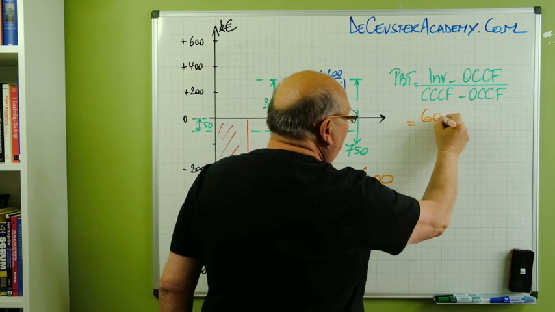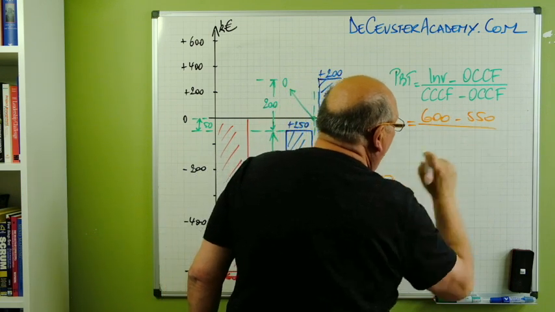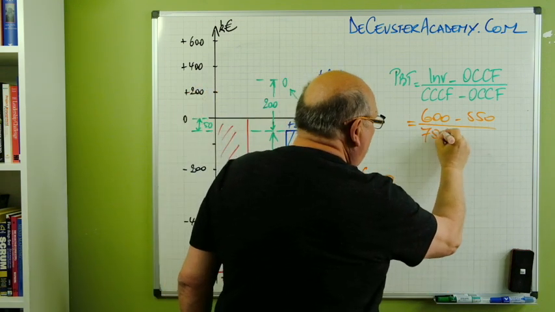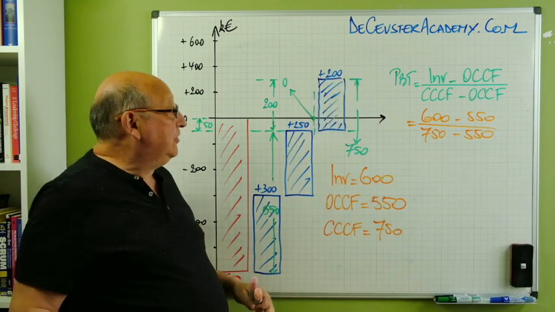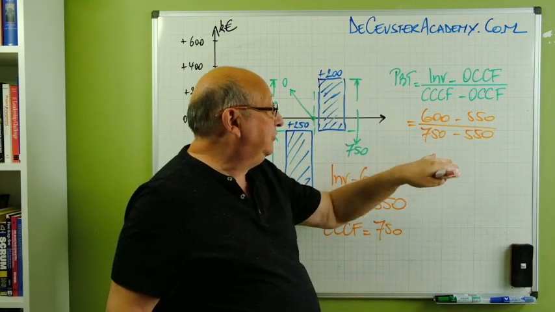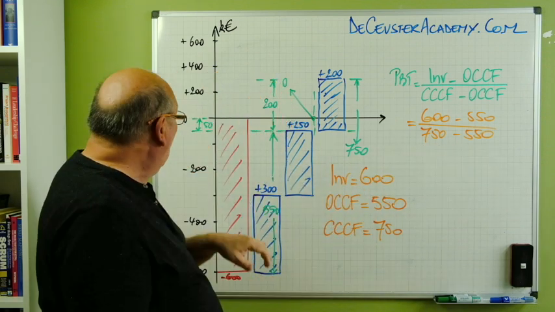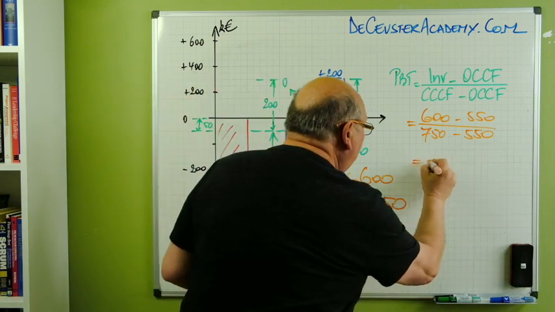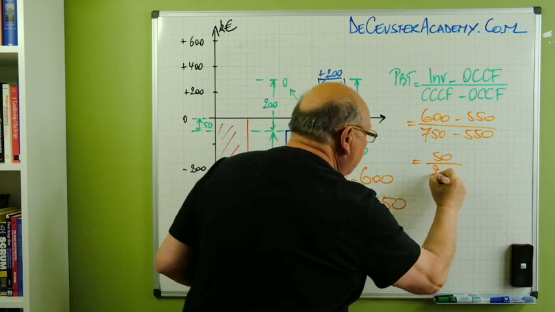So we have 600 minus 550 divided by 750 minus 550. So we see the payback time is now 600 minus 550 divided by 750 minus 550. So we have the 50 here, which is in the numerator, 50, divided by the 200.